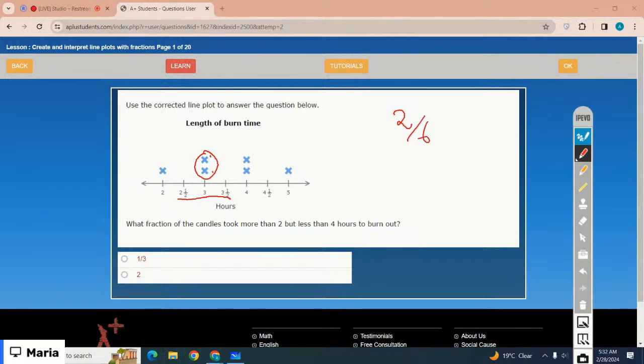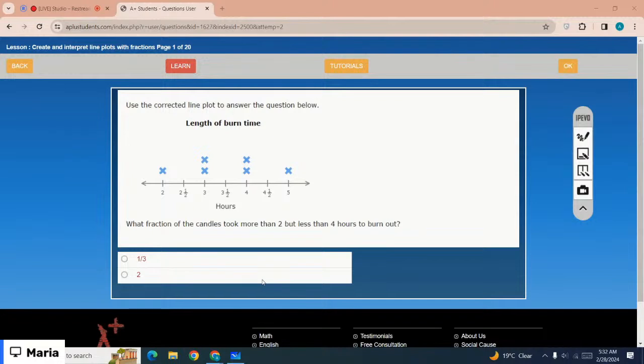That is 2 out of 6, or you can divide by the common factor, so that is 1 out of 3. That means 1 out of 3 candles took more than 2 but less than 4 hours to burn. The correct option is 1 over 3.